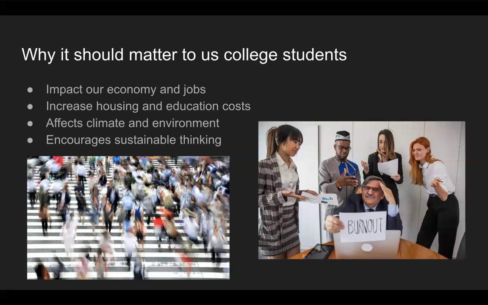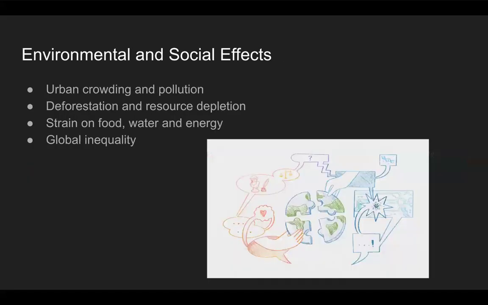And while that pressure is part of what drives innovation, it also has serious side effects on our environment. The environmental and social effects are urban crowding and pollution, deforestation and resource depletion, strain on food, water, and energy, and also global inequality.